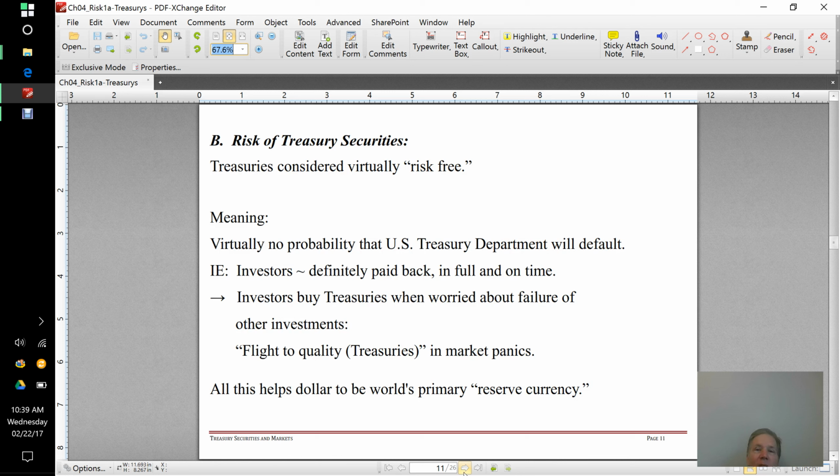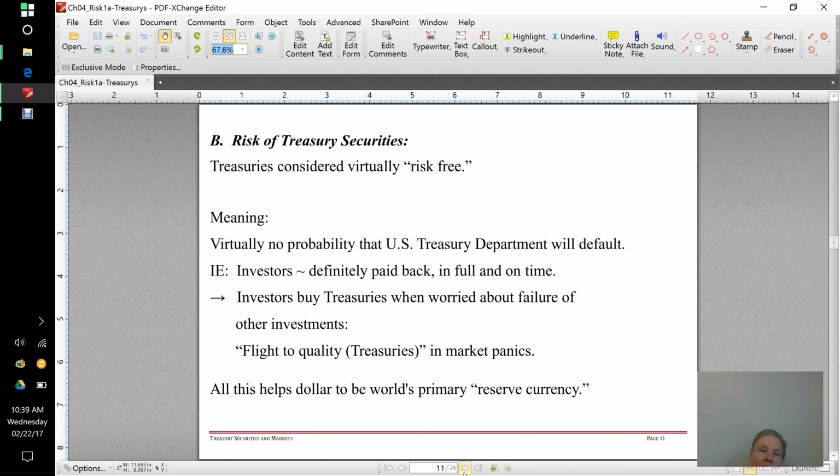Treasury securities are considered "risk-free," and I've got risk-free in quotes because it's not truly that they are risk-free. The meaning of risk-free for Treasury securities is that there's virtually no probability that the U.S. Treasury Department will default. There is a non-zero probability, but it's fairly small. So investors believe they will pretty definitely be paid back in full and on time.